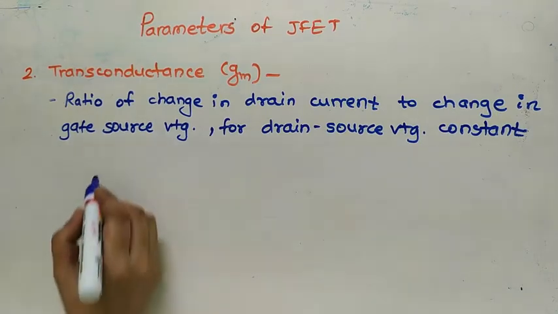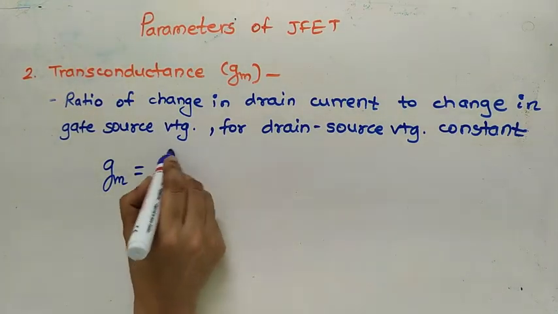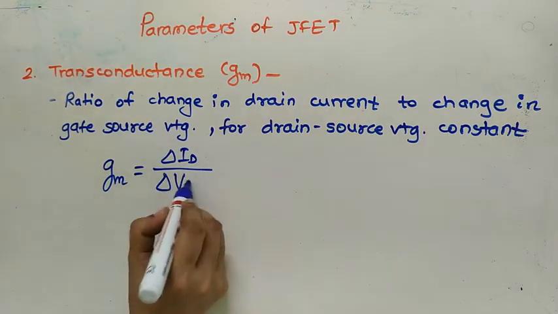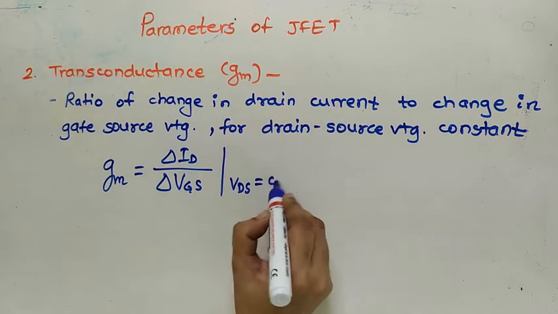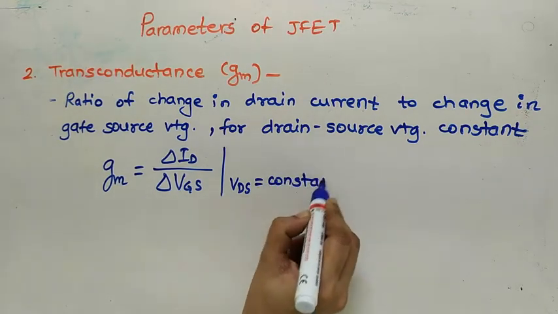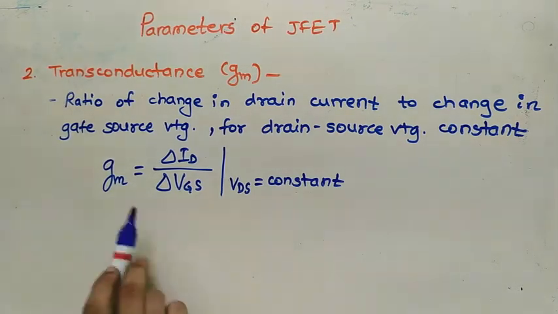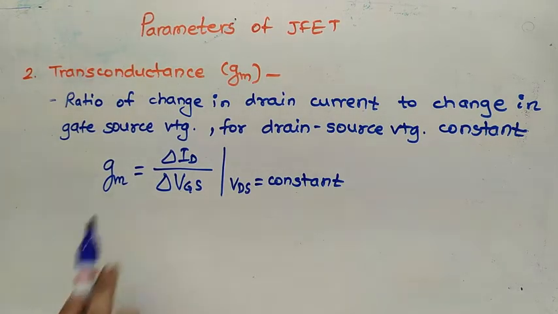Mathematically, g_m is equal to change in drain current divided by change in V_GS, for V_DS equal to constant. So this transconductance varies with the applied gate to source voltage V_GS.